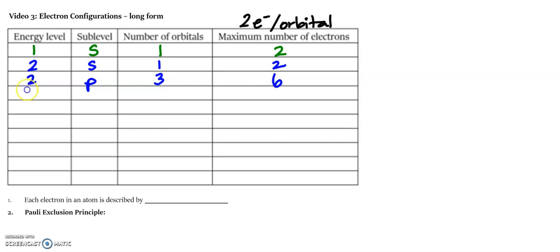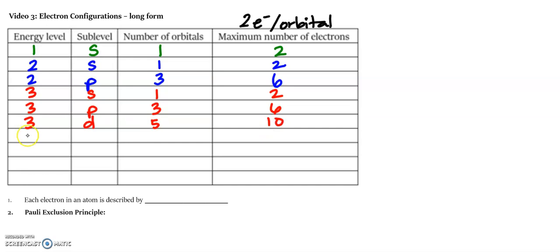So what about the third energy level? Well, the third energy level is bigger still, so it can hold electrons in the S sublevel, in the P sublevel, and it also has the D sublevel. So S holds 1 orbital, there are 2 electrons, P has 3, which is 6, and D has 5 orbitals, 2 electrons per orbital would be a maximum of 10.